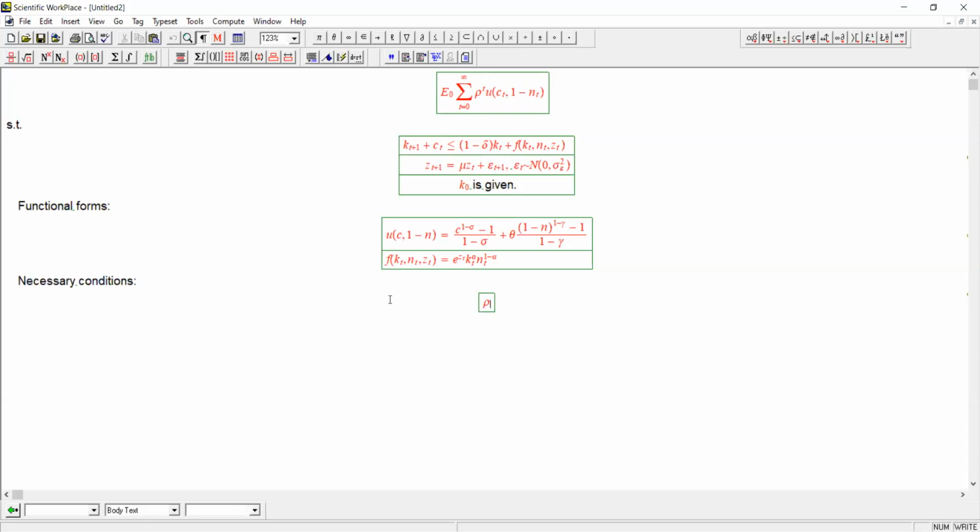The discounted expected marginal utility from consumption tomorrow times the expected marginal product of capital tomorrow should equal the marginal utility of consumption today.